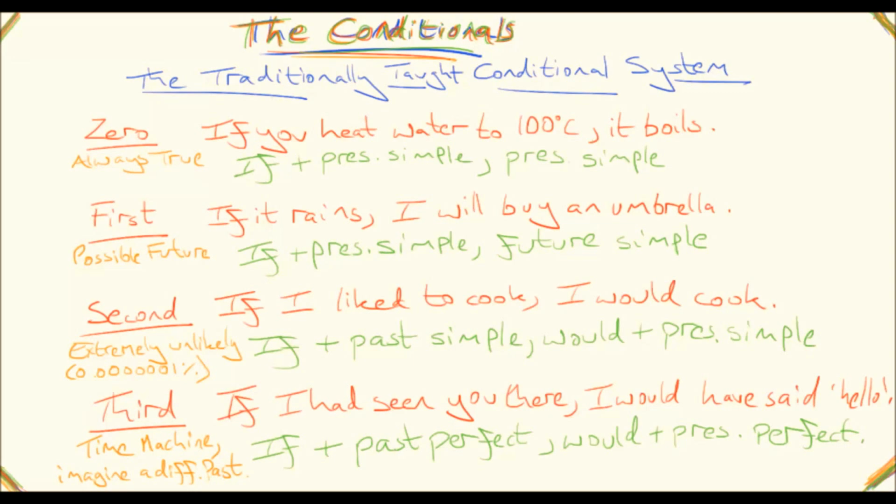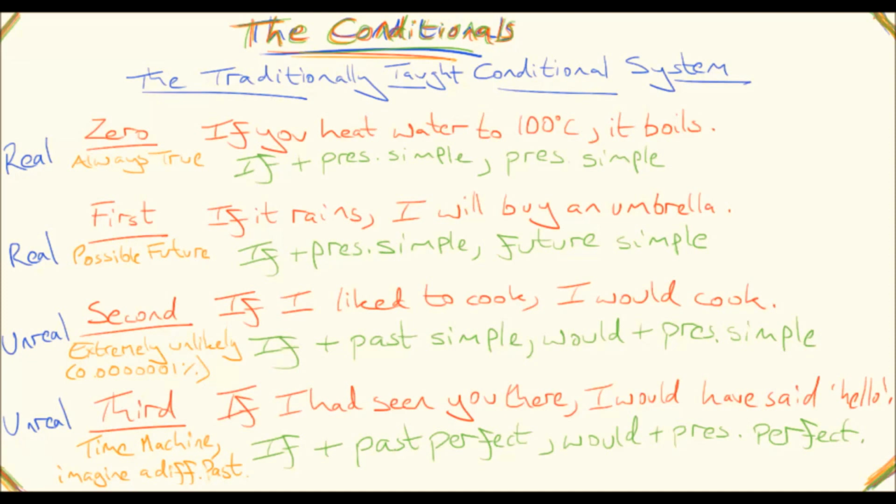Third conditional's like a time machine, imagining a different past, going back in time and changing the past. So which two of these are real and which two of these are unreal? Well, the 0 and first we'll call real conditionals, and the second and third we tend to call unreal conditionals. So there we go.